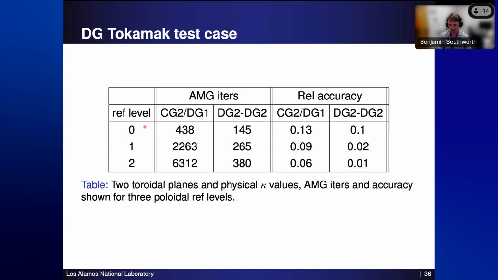On a very coarse mesh, we have about 3 times fewer AMG iterations and relatively comparable accuracy. But as we start to refine, by the time we get to a finer mesh with 2 refinement levels, we're between 15 and 20 times fewer AMG iterations and 6 times more accurate at the same time. And so we're pleased with this.